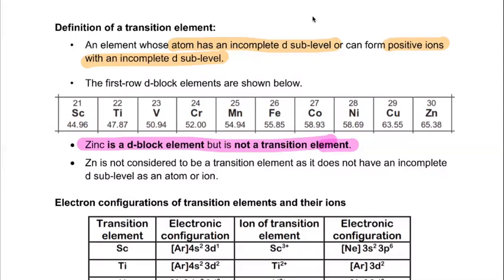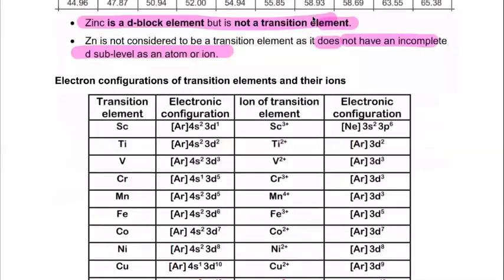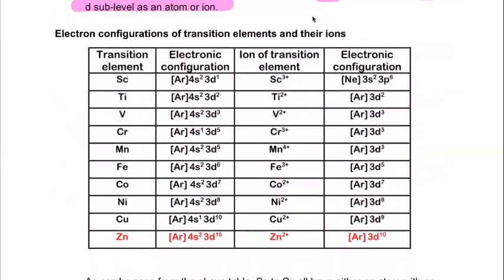That's what is summarized in that second bullet: it doesn't have an incomplete D sublevel as an atom or an ion. If we look at the electron configurations of all of these elements in the first row of the D block, we can see that except for zinc, all of them have an incomplete D sublevel as either an element or as an ion, or both.